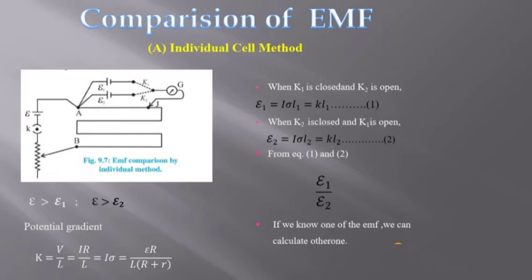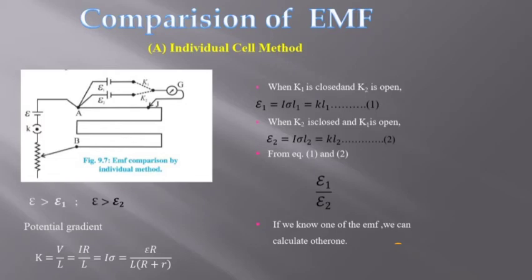Now the key K is closed and the key K1 is also closed and K2 is kept open. Therefore, the cell of EMF E1 comes into the circuit. The current I is passing through the circuit.